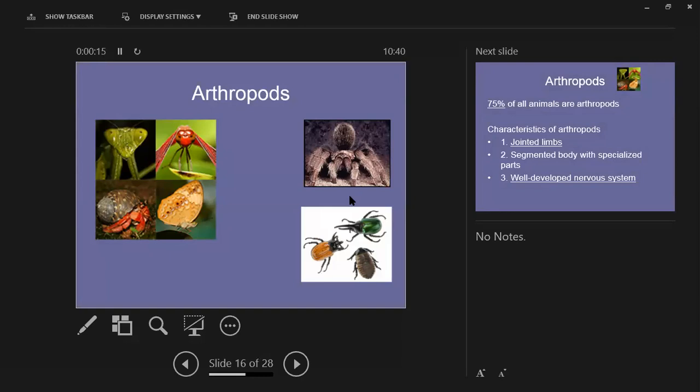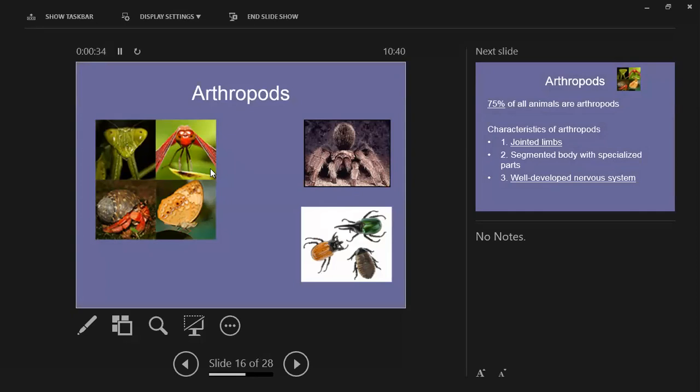More than half of the world's animal species are arthropods, like spiders, crabs, insects, all these examples.